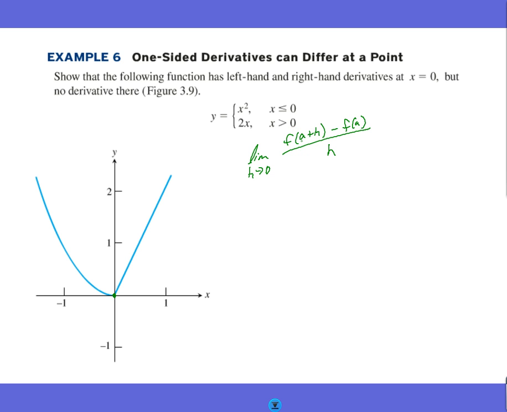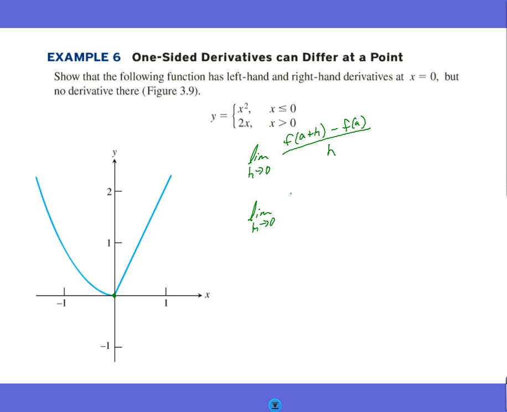The question is, what is the slope at that point? I want to look at what is happening to the slope to the left of 0 and to the right of 0. You still write it as the limit as h approaches 0, with no left or right notation, because that 0 has no bearing on this 0. But my function is going to be different.